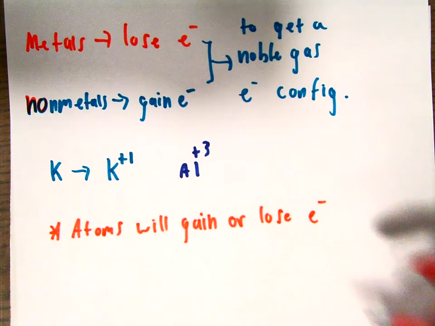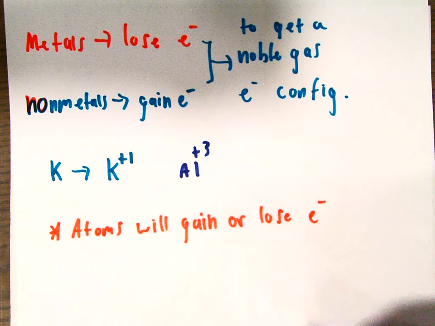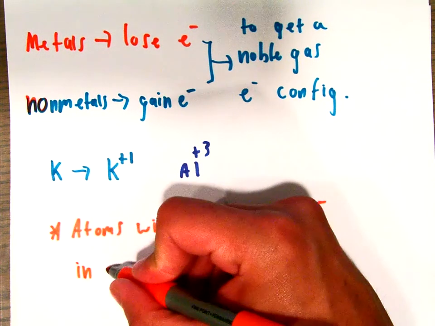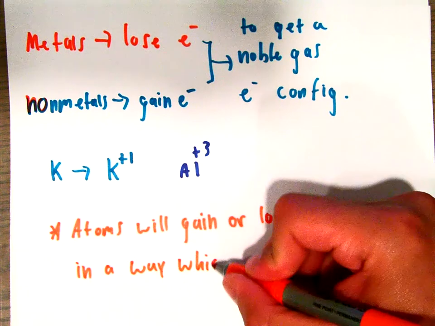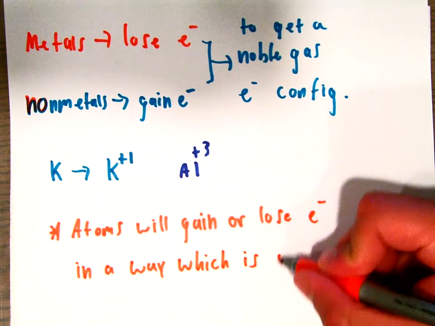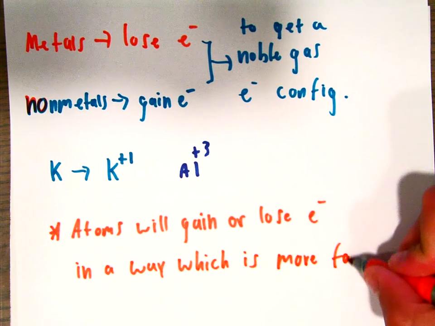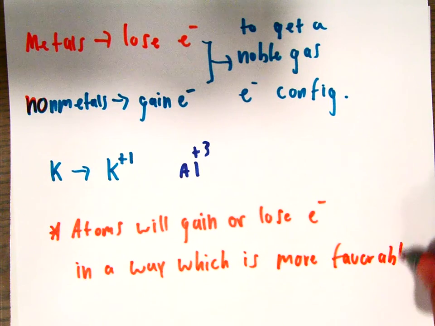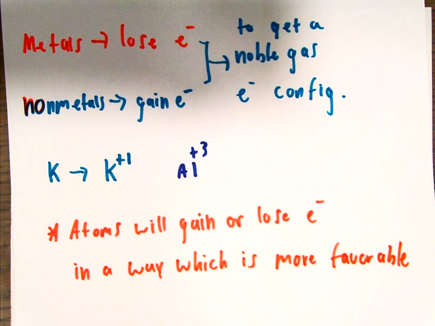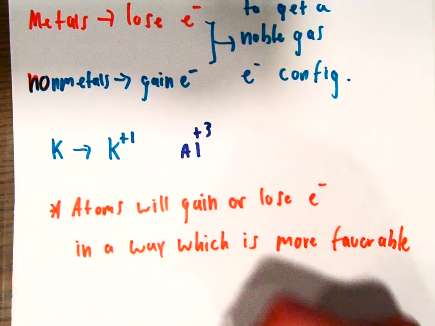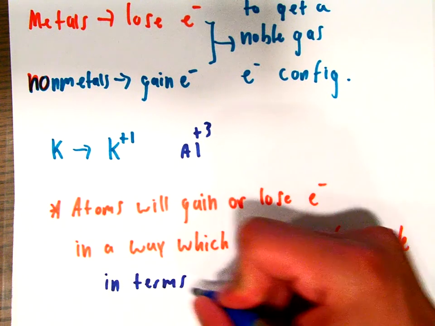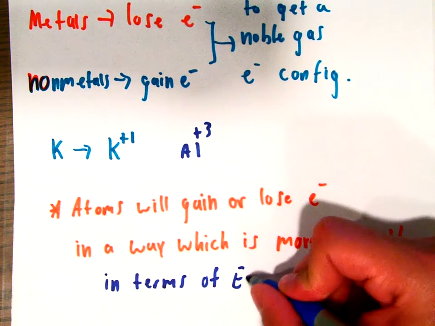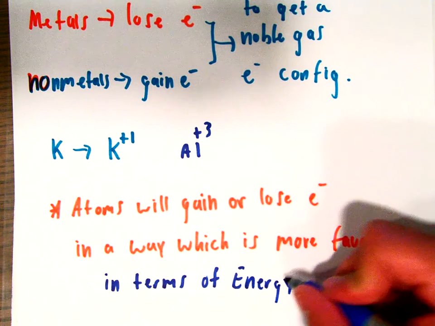In other words, atoms will gain or lose electrons in a way which is more favorable in terms of energy. Okay, so that's really what it all comes out to.